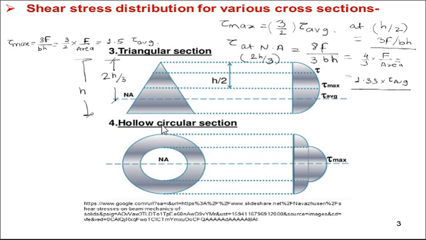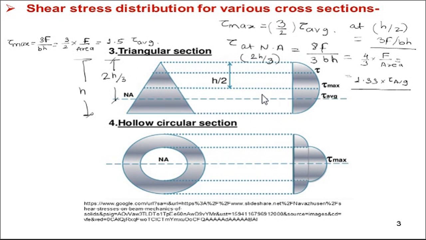If you know the base and the height, you can determine the area of the cross section. So this 3/2 into force divided by area gives 1.5 tau average. This is the value, 1.5 tau average, for the triangular section.